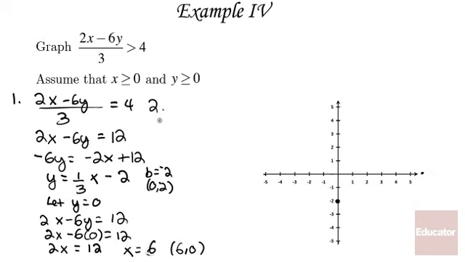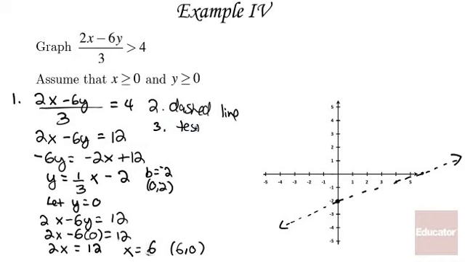I then see I have a strict inequality, so I know that I need to use a dashed line. Okay, the next thing I need to do is figure out which half plane my solutions are going to be in.